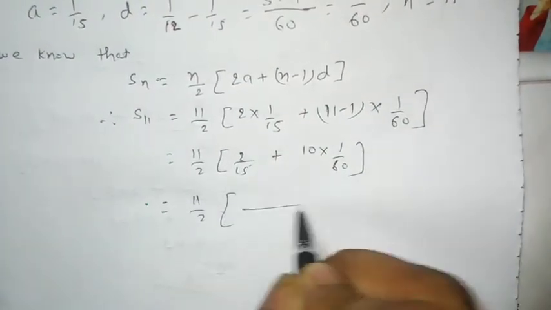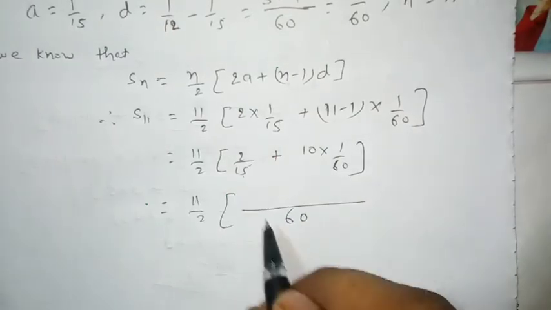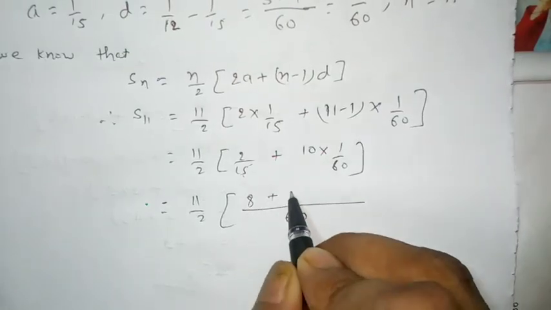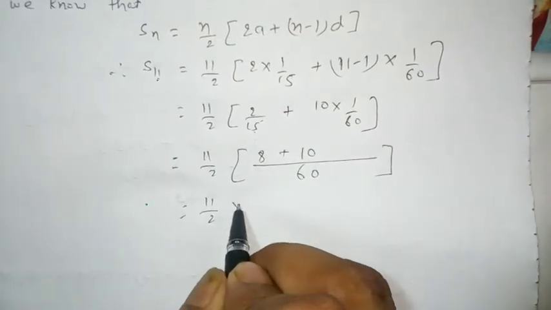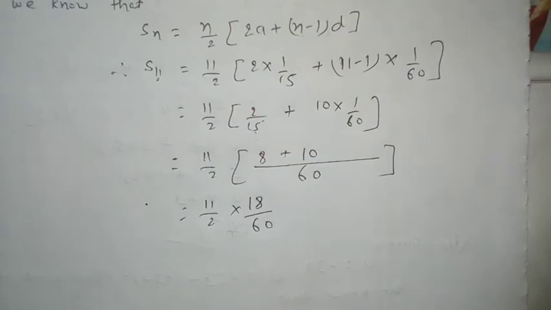Taking LCM 60, 8 plus 10, is equal to 11 by 2 into 18 by 60.